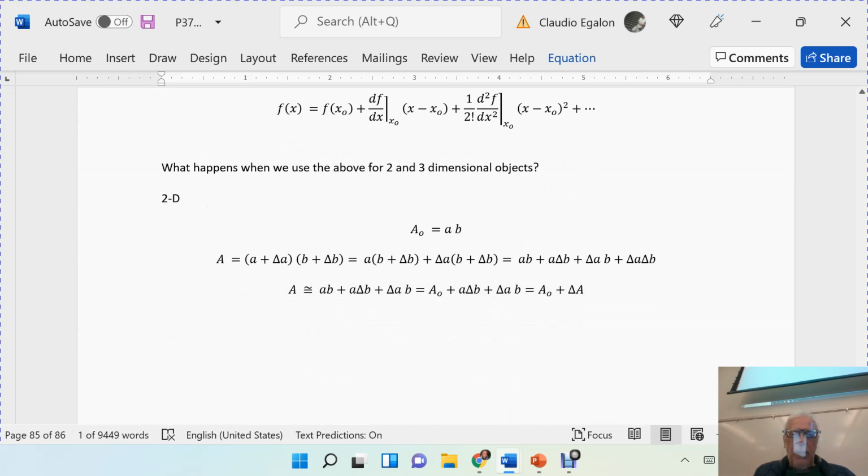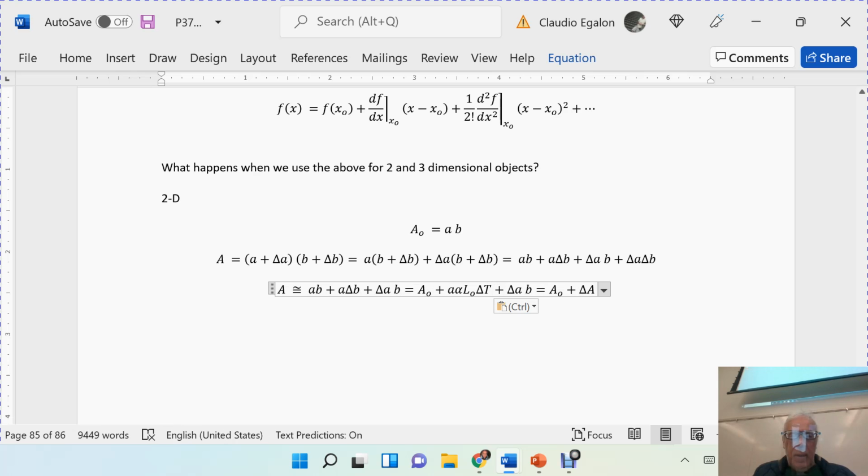Make sense? But instead of L naught, I'm just going to put B, which is the initial length. Don't forget this guy here is alpha. This guy here is A. And we get a similar result for delta A, but instead of L naught, it's going to be A.